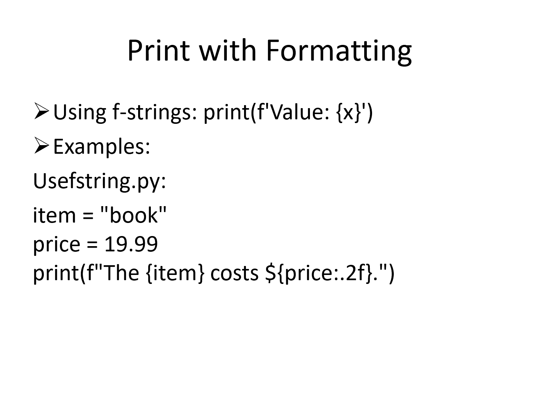Now we can use the print statement with an f-string also. As an example, I have two variables, item and price. The item is book and the price is 19.99.